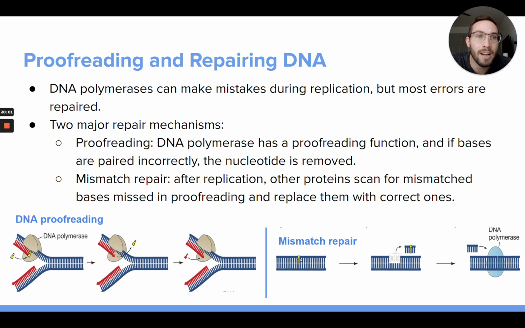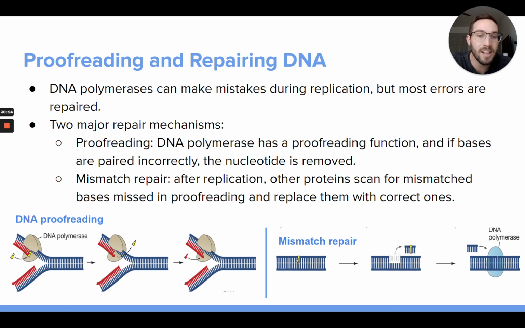Just like when you write an essay, there's going to be some typos that you missed as you were writing it. And so you're going to end up sometimes with some incorrect bases in those new DNA molecules that are being made. And so there are other mechanisms, though, that involve other proteins. There are other proteins in your cells that will actually go check your newly replicated DNA to make sure that there are no mistakes.